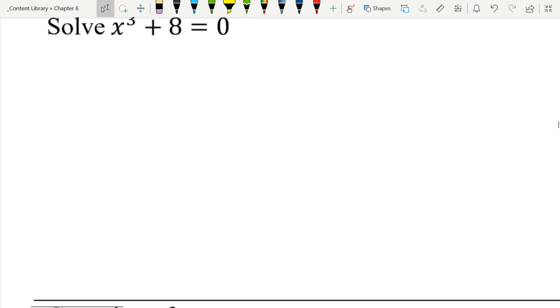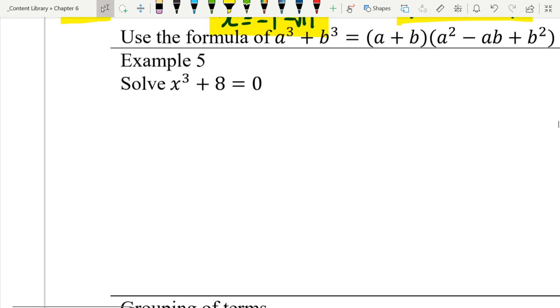Now look at example 5. When you look at this, what can you think about? What formula also applies? You want to try? Is my formula really matching for this one?